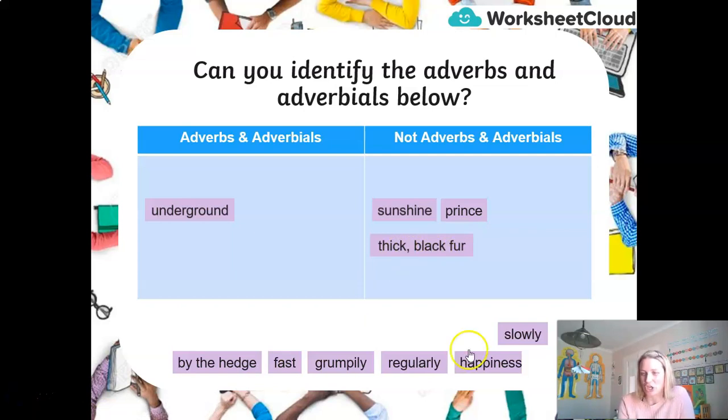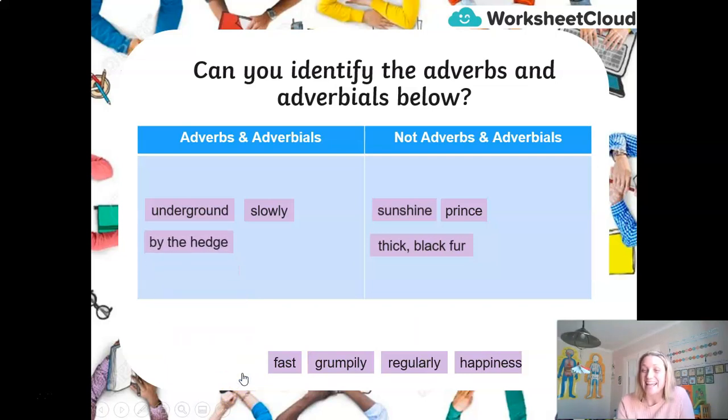How about slowly? Yes, slowly is an adverb. It tells me how something is occurring, the speed at which an action is occurring. By the hedge. Yes, now that's obviously an example of an adverbial because it's a phrase. Fast.